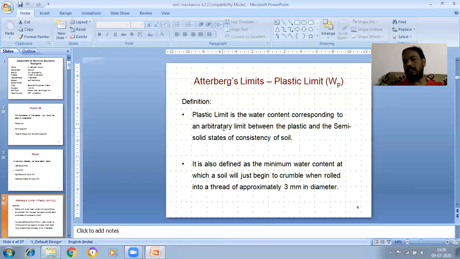So that's why it is the boundary water content. Next, it is also defined as the minimum water content at which the soil will just begin to crumble when rolled into a thread of approximately 3 mm in diameter.